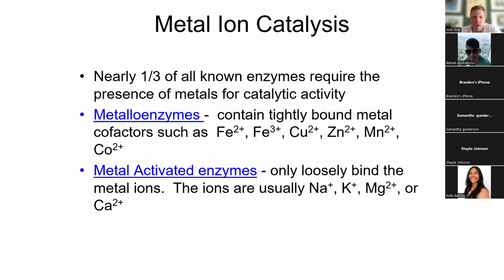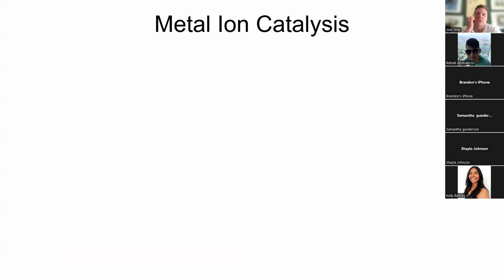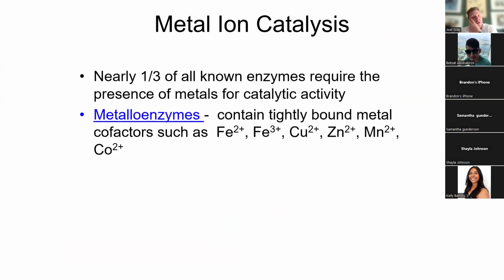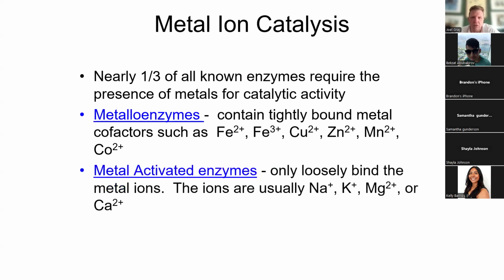Now, our next type of catalysis is metal ion catalysis. Nearly 1/3 of all known enzymes require the presence of metals for catalytic activity. There are enzymes known as metalloenzymes. These contain tightly bound metal cofactors such as iron 2+, 3+, copper 2+, zinc 2+, manganese, and cobalt 2+.